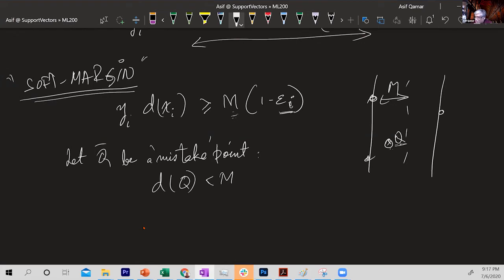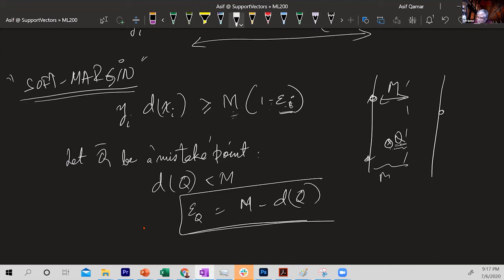It is not as far. This is M, and this is some small distance, a distance that is less than M. So that is why it is M minus some amount, right? So you define epsilon Q as M minus dQ. This is the mistake that this point made. Do you see that, guys? How much penalty, or how severe the mistake is, is based on this. So far, so good, guys?